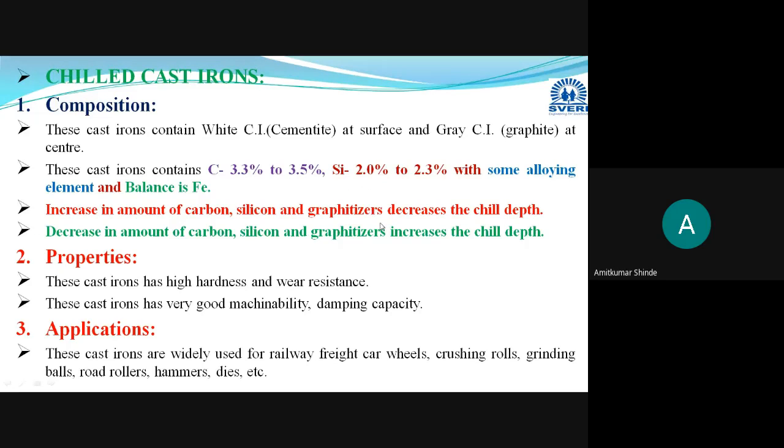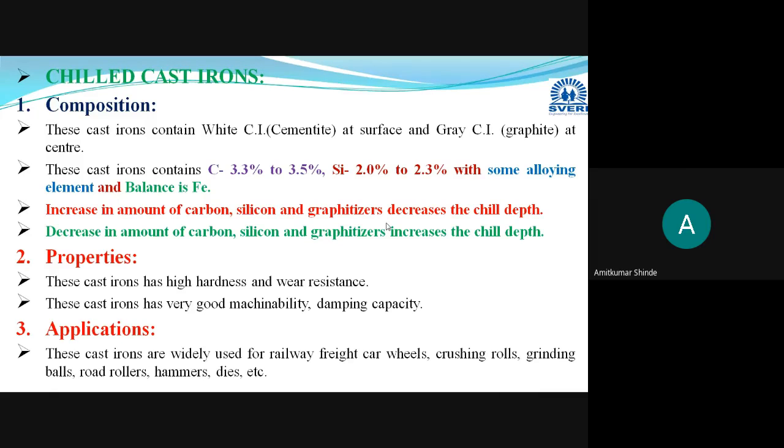Now, as we have discussed, only on the surface is that white cast iron present. The white cast iron at the surface is obtained by cooling with a very fast cooling rate. This cooling is done by using chillers or chill plates at the surface of that component.